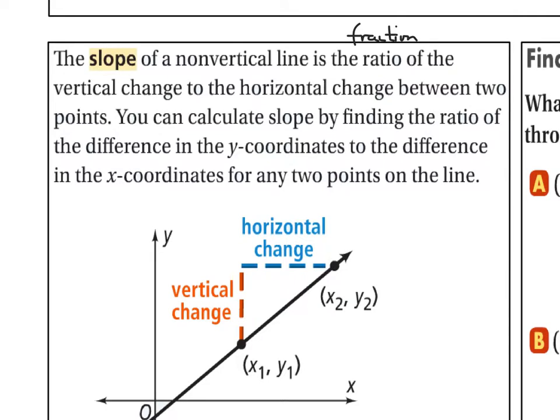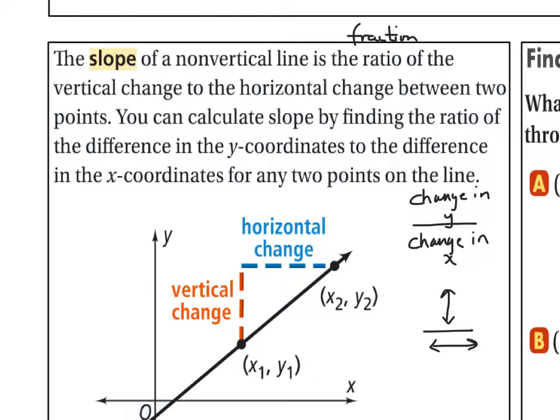What it really is, is that slope is calculated by what I call the change in y over the change in x. In other words, how much does it go up or down, over how much does it go left or right?